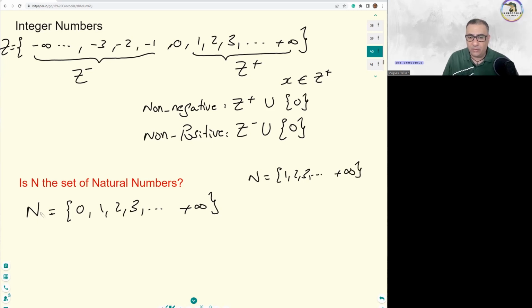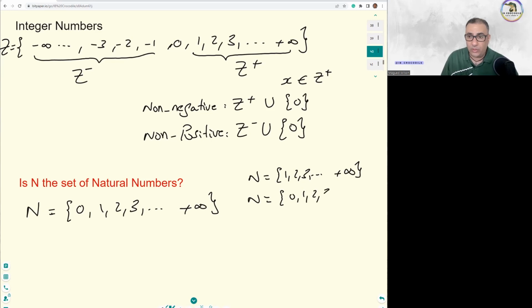On the other hand, 0 represents the counting case when there are no objects. So this is the controversy. The other opinion says the natural numbers are actually 0, 1, 2, 3.